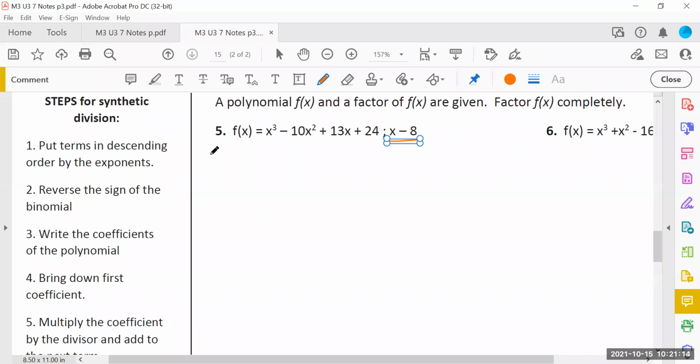So I'm going to put the 8 in the box. I'm going to list the coefficients: 1, -10, 13, 24.